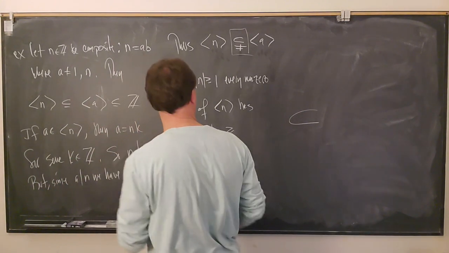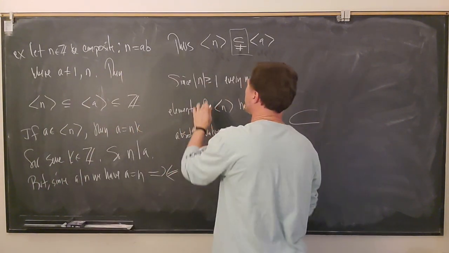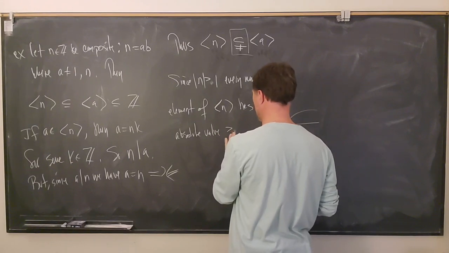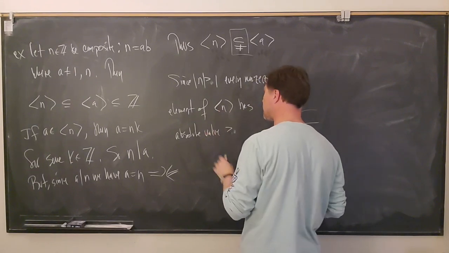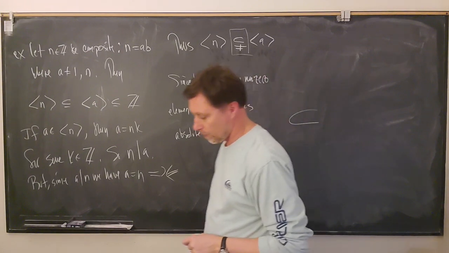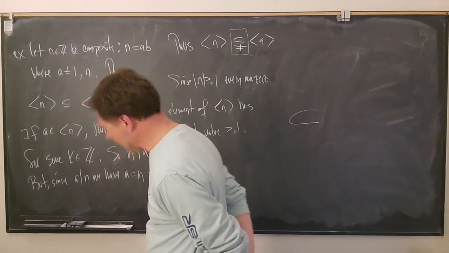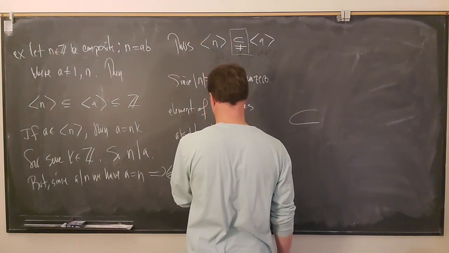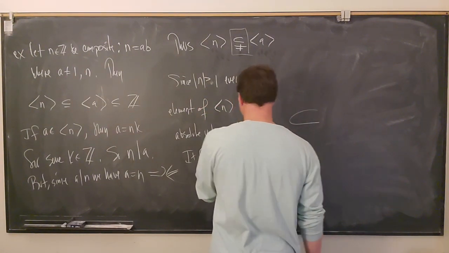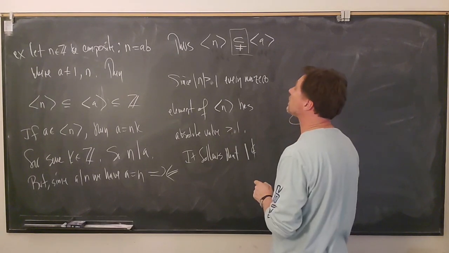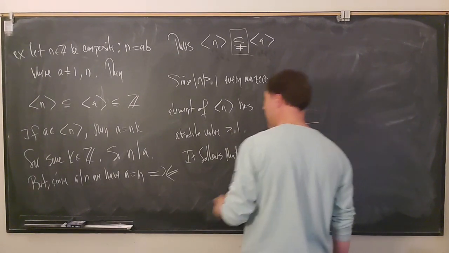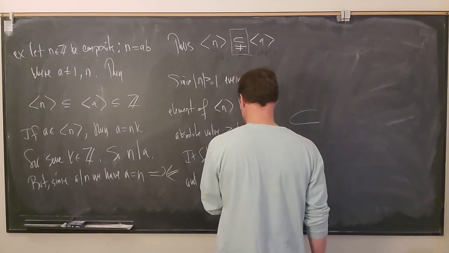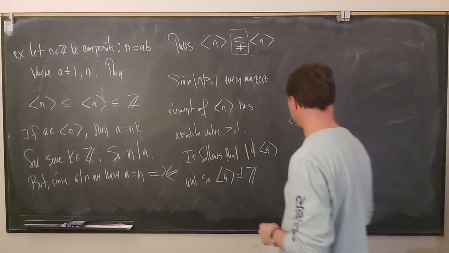Oh, actually, strictly greater. Sorry, I screwed that up. Since the absolute value of n is greater than 1, every element of the ideal generated by n has absolute value greater than 1. So it follows that 1 cannot be inside the ideal generated by A, and so the ideal generated by A is definitely not equal to Z.